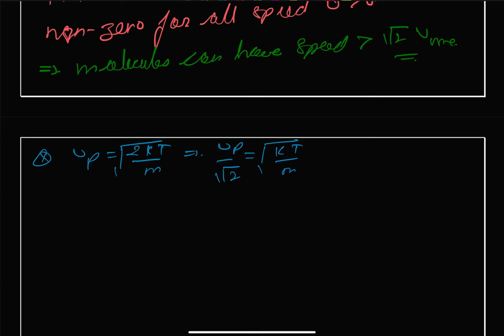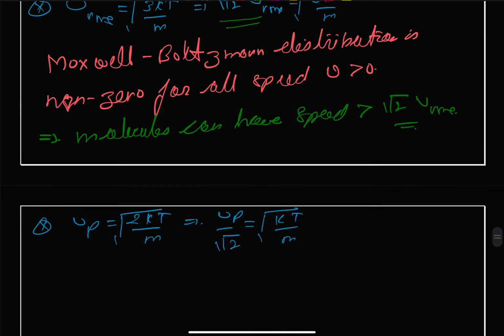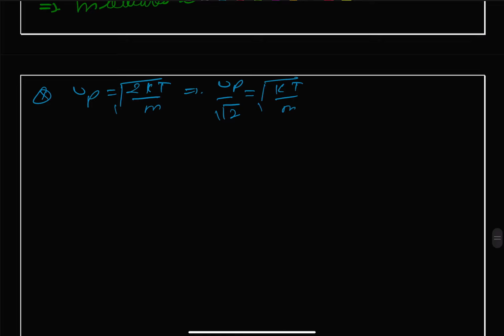Once again, from here we can also say that the probability density at v equal to 0 is equal to 0.